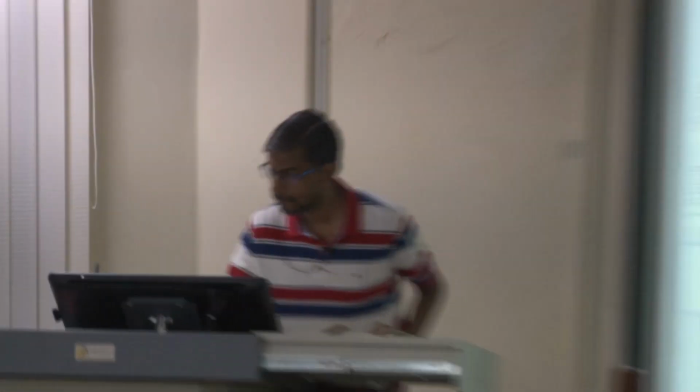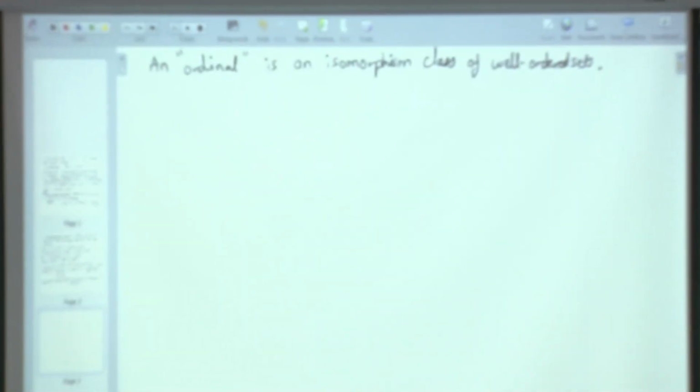An ordinal is an isomorphism class of well-ordered sets. Yeah, this is not a definition.